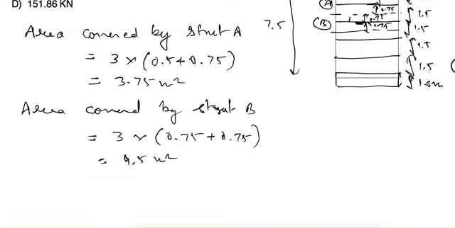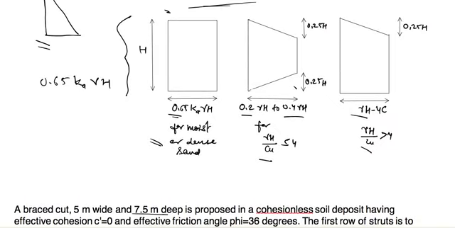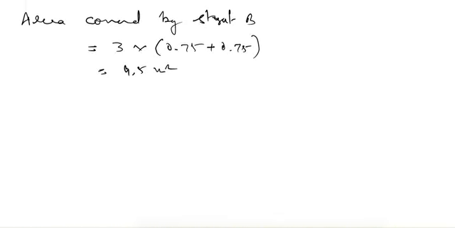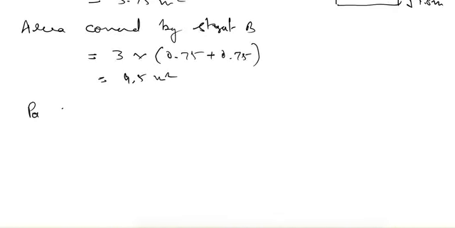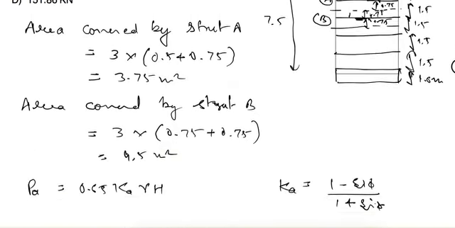Now we need to find out the pressure intensity. This is a case of sand, so for that we can use this diagram. Here the pressure is given as 0.65 Ka gamma H. So Pa is equal to 0.65 Ka gamma H. Now we need to find the coefficient of active earth pressure first, which is given as (1 minus sin phi) upon (1 plus sin phi). Now phi is given as 36 degree.